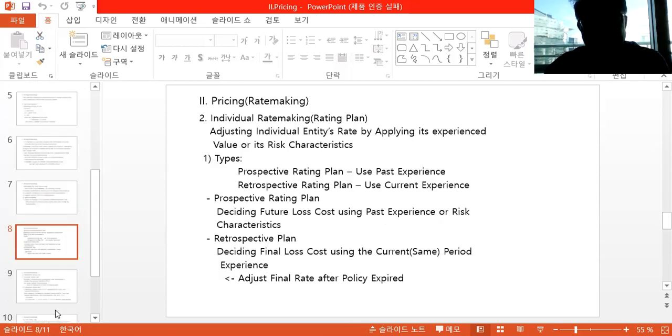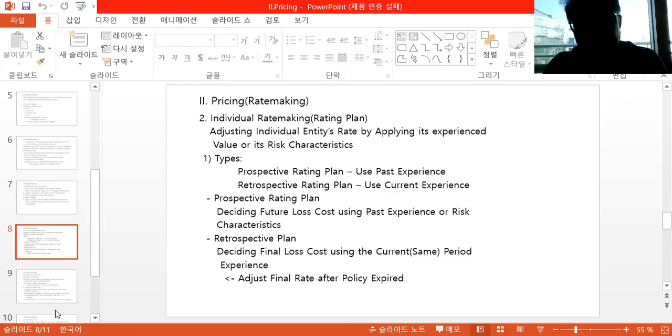Now we discuss individual rate making. This is to assist or compensate for manual rate making. Individual rate making is adjusting an individual entity's rate by applying its experience or its risk characteristics. There are two types, which I think I mentioned briefly before: prospective rating plan versus retrospective rating plan.